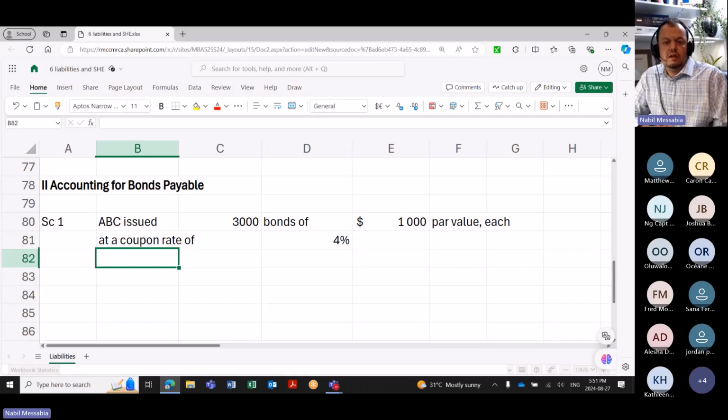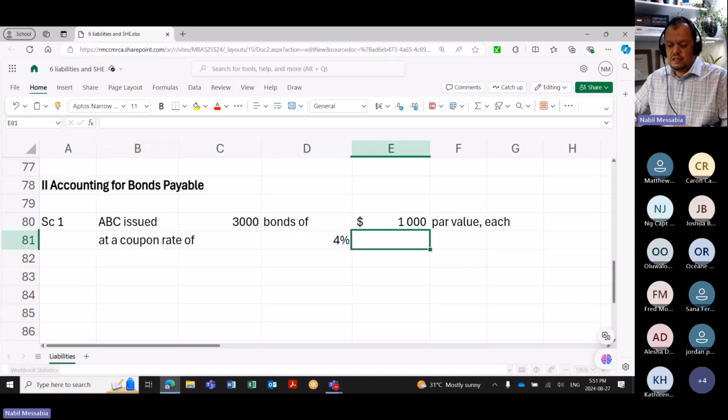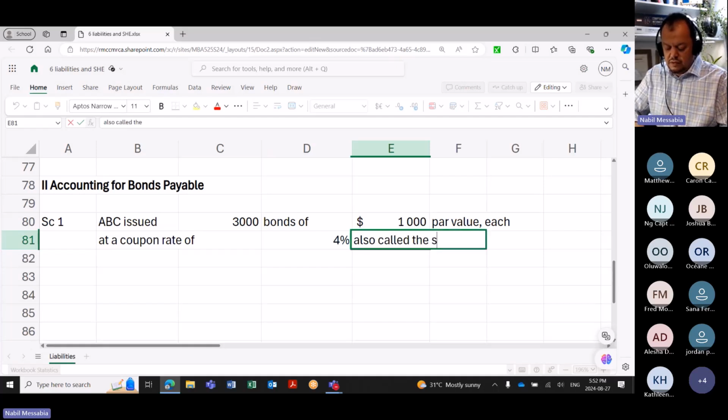Which means the company is going to pay every bondholder 4% per year for those bonds. 4% of what? Of $1,000 per bond, of course. This is the coupon rate, also called the stated rate.